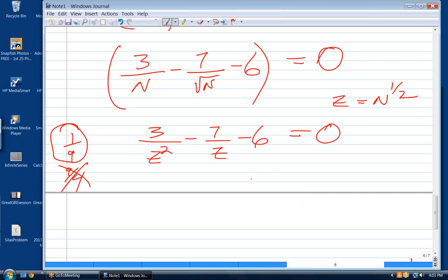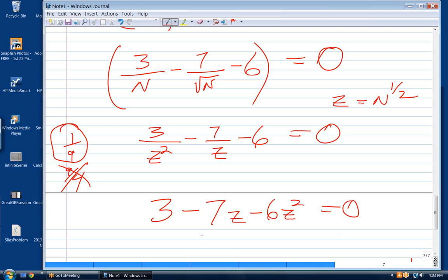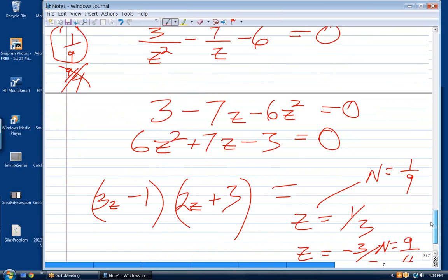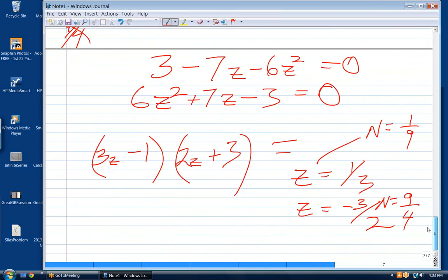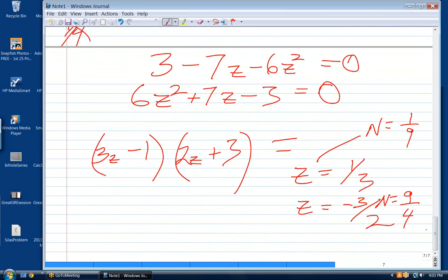Now I would multiply every term by z squared. So I have 3 minus 7z minus 6z squared equals 0. Divide everything by -1. We have 6z squared plus 7z minus 3 equals 0, and that's what we originally solved. So it didn't matter. It's correct the way we did it. And we did come up with 2 solutions, one of which was extraneous.